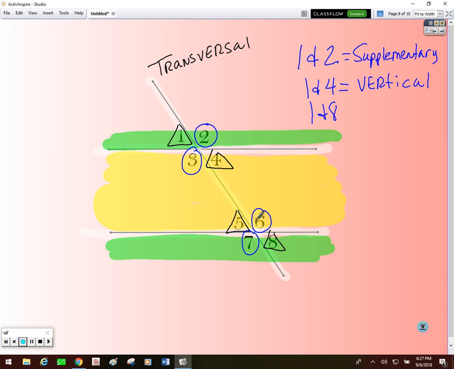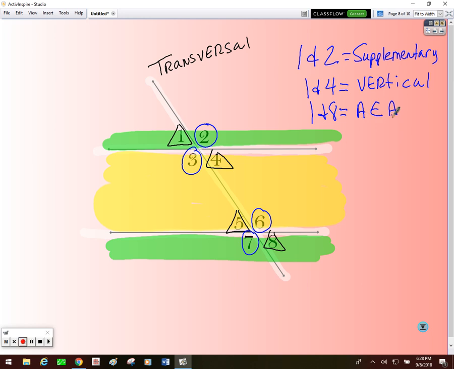So we're left with supplementary and alternate exterior. Well, if you look at the angles themselves, acute and acute, those two tell me that it can't be supplementary, so it has to be alternate. We're going to abbreviate. I don't mind you abbreviating AEA, alternate exterior angles.